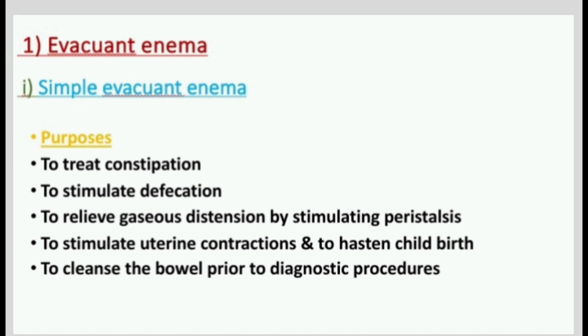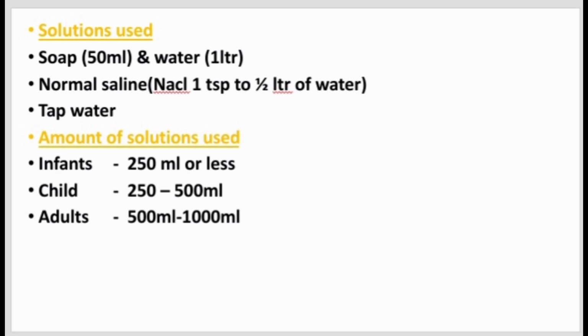Purposes include to treat constipation, to stimulate defecation, to relieve gaseous distension by stimulating peristalsis, to stimulate uterine contraction and hasten childbirth, to cleanse the bowel prior to diagnostic procedures. The solutions used: soap 50 ml and water 1 liter, normal saline, that means sodium chloride 1 teaspoon to half liter of water, then tap water.